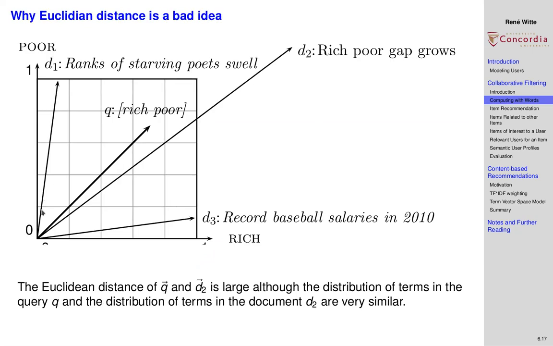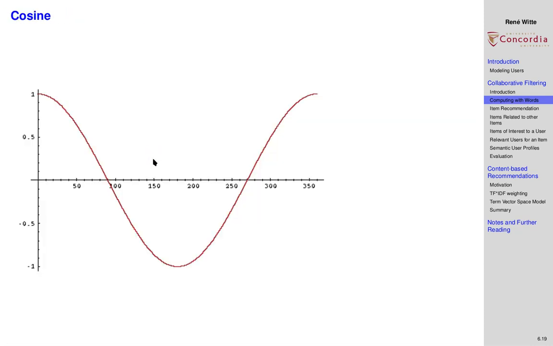So if two vectors have a 90-degree angle, it means they have nothing in common. And then the angle between these two vectors would be 90 degrees, and the cosine would be 0. On the other hand, if two vectors are identical, then they represent identical content, at least as measured in this vector space. Then the angle is 0, and the cosine of the angle is 1.